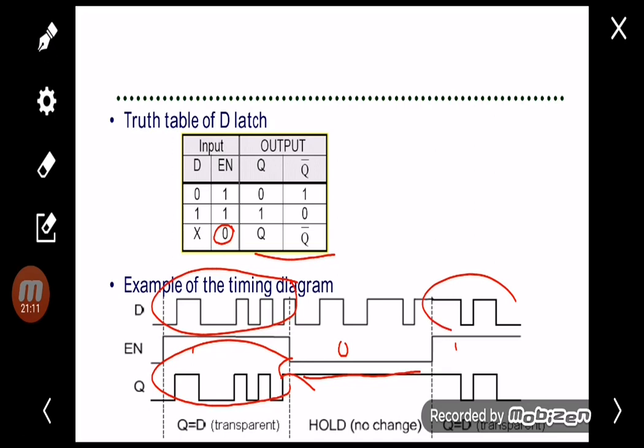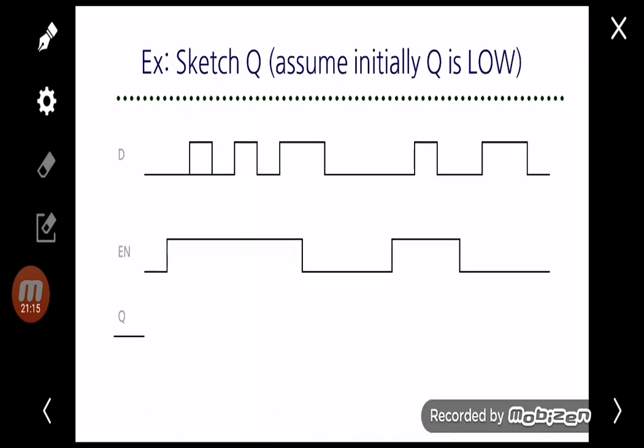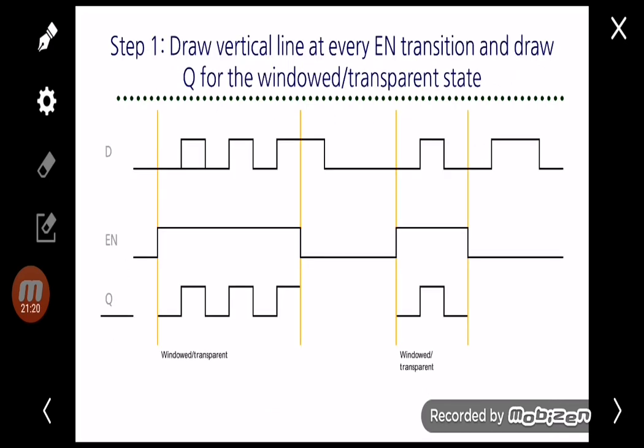Alright. So for example, like this one, you need to draw the vertical line also, for the period when enable equals 1. So it will be transparent from D, this one transparent from D, and the rest will be holding like this one. The previous one will continue like this, and this one continues from here, hold.